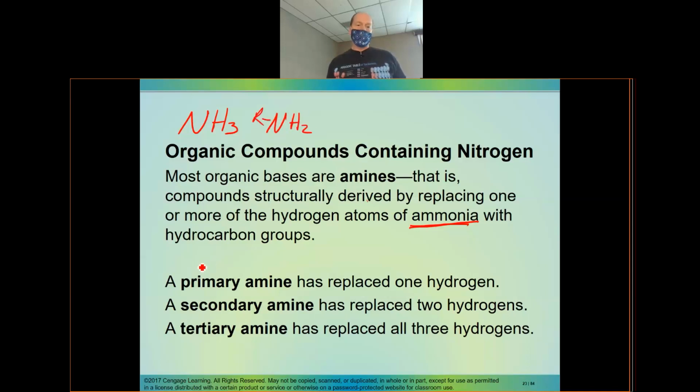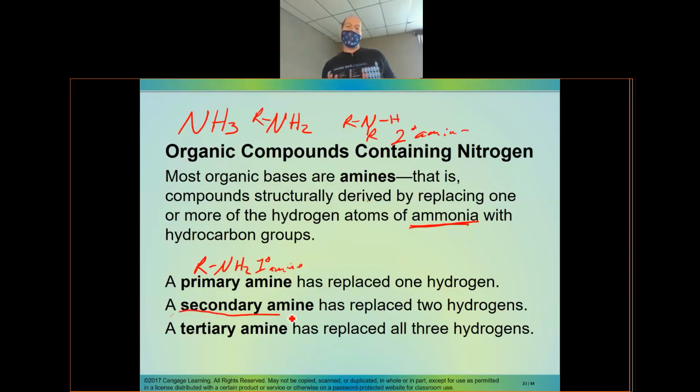So an R, NH2, is a primary amine. One of the hydrogens was replaced with an organic alkyl group, so methyl, ethyl, propyl, whichever R group you pick. If you replace two of them, so get rid of two of those hydrogens, now there's one hydrogen left, and now you've got an R and an R. So if you have that, you have a secondary amine.